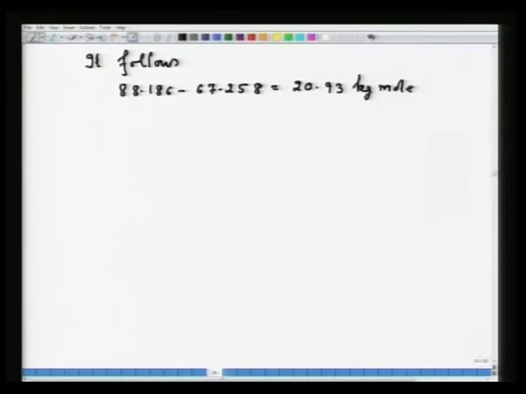What is this difference? While writing down this equation, we have taken care of only the CO2 CO exit ratio that is maintained. Now, the difference of 20.93 kg mole compels you to think that this comprises only excess air, and there is nothing else in the system as per the statement of the problem. The problem does not say anything about the amount of air.